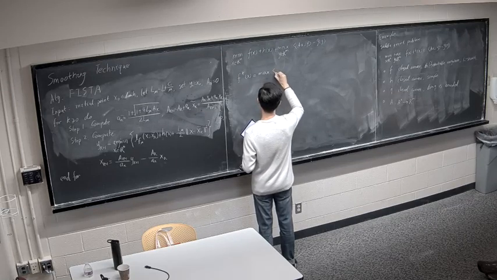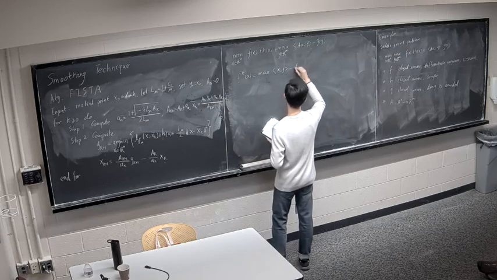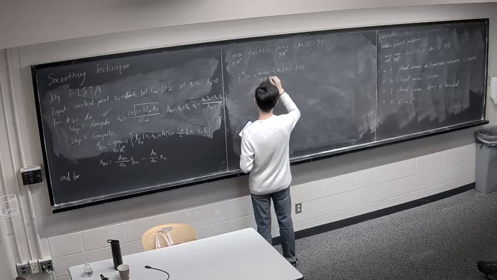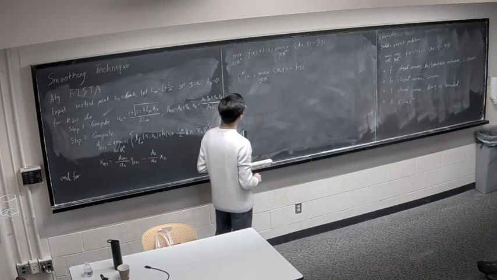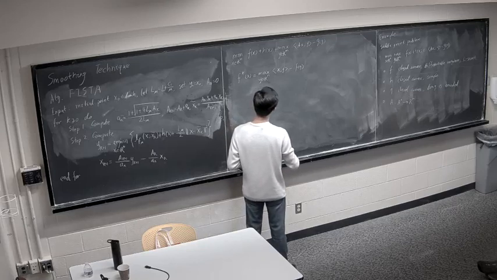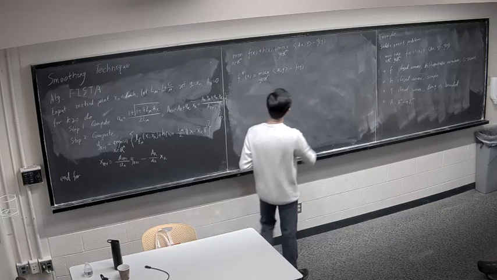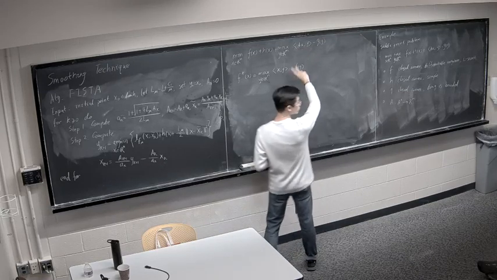This is the definition of the conjugate function, right? And here this is actually in terms of the conjugate function, viewing this Ax as a new vector.